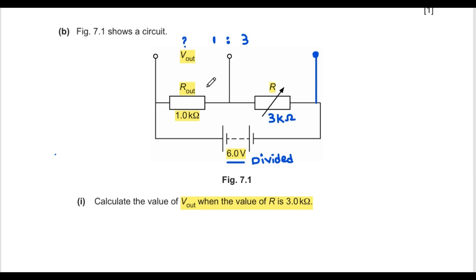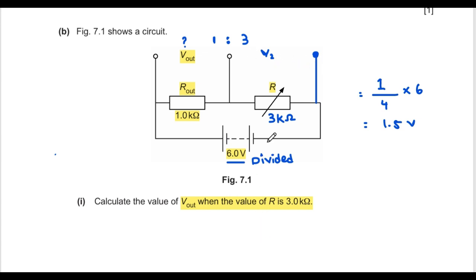We can use the simple ratio method to calculate our output voltage from the 1 kilo ohm resistor. It gets one portion out of a total of 4 portions multiplied by the total voltage, which is 6. So the voltage across 1 kilo ohm would be 1.5 volts, and obviously the second resistor will get the remaining voltage, which would be 4.5.